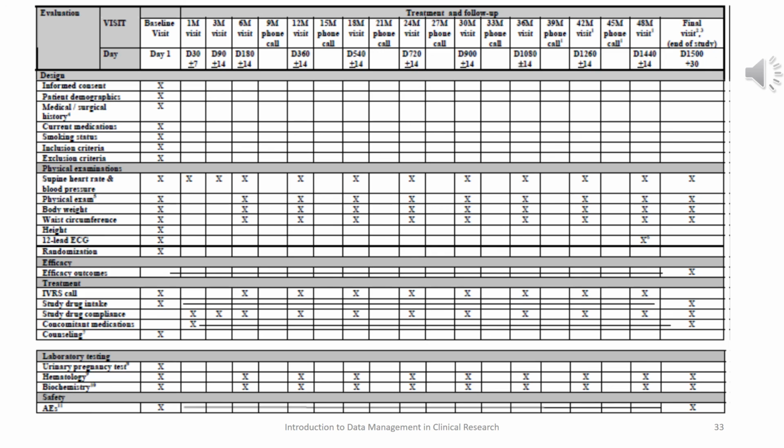And that may change because we may discover that it's not necessary to collect that piece of data further into the trial. But this will indicate what activities are going to be collected at which visits.